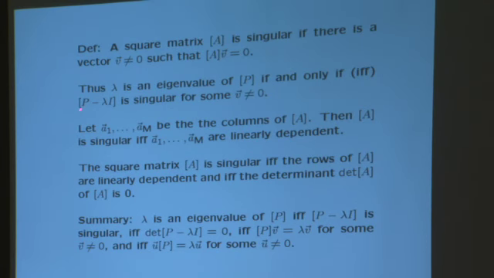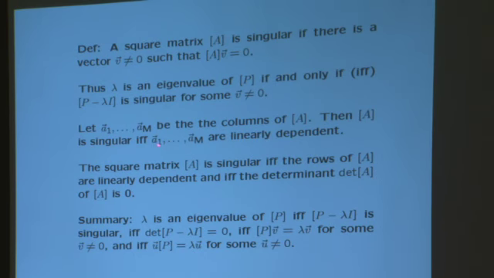That's what this says. You put P minus lambda I in for A, and it says it's singular if there's some v such that P minus lambda I times v is equal to 0.